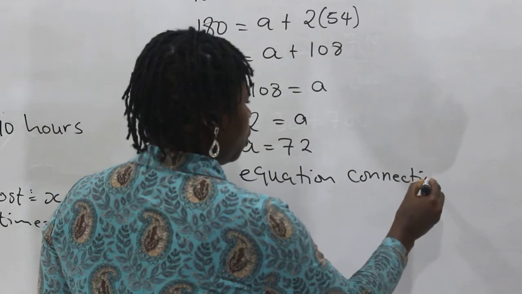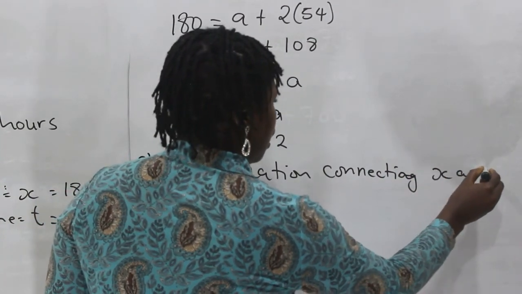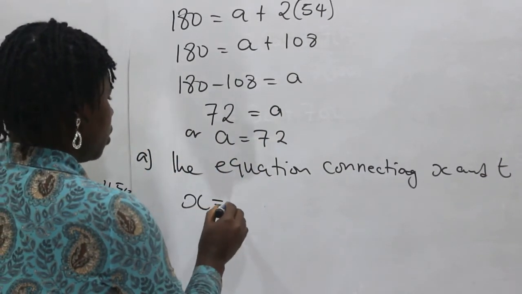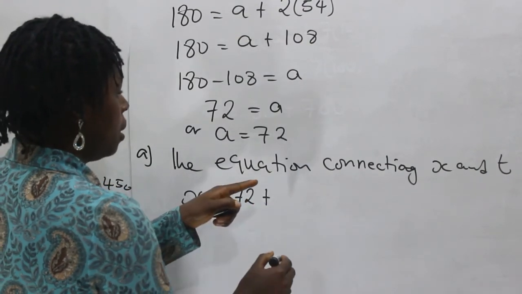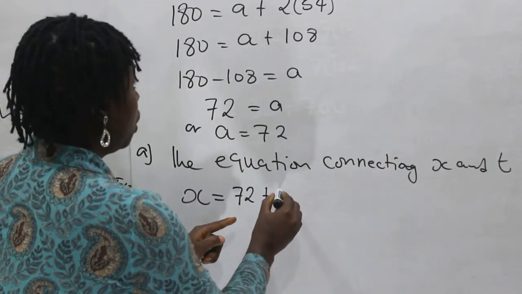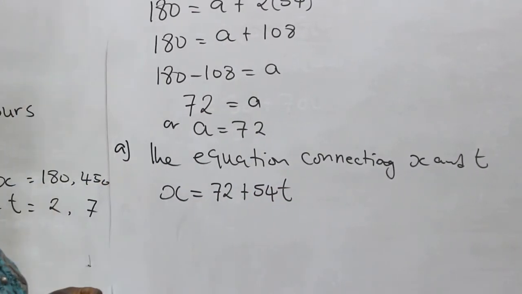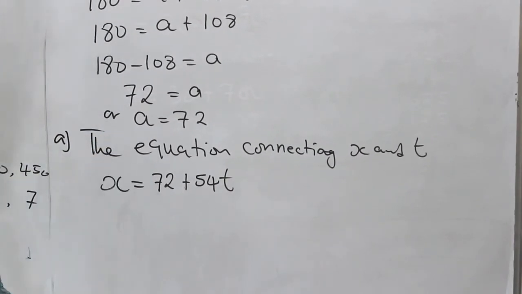We say the equation connecting x and t: we have x equals A, which is 72, plus B, which is 54, times t. So x = 72 + 54t. This is the equation that is connecting the cost and the time.